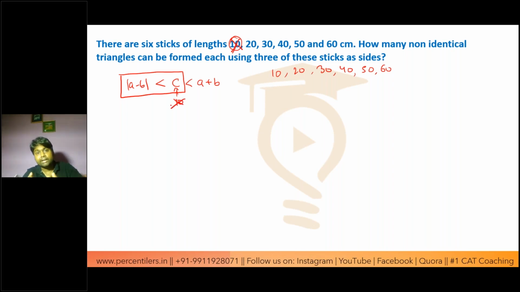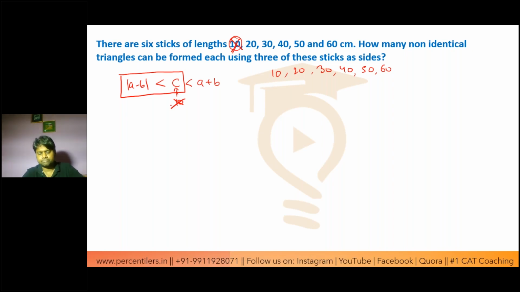A side has to be greater than the difference between the other two sides. I don't know what they're going to be, but I know that their difference is going to be at least 10, because our sticks are such that there is at least a difference of 10 between all of them. So if the difference is 10 or sometimes even 20, how can my third side be equal to 10? Because it is supposed to be greater than the difference.